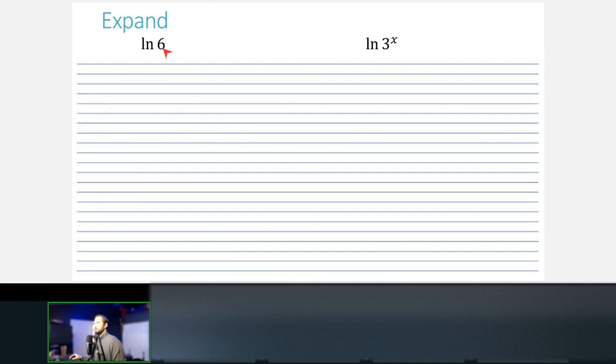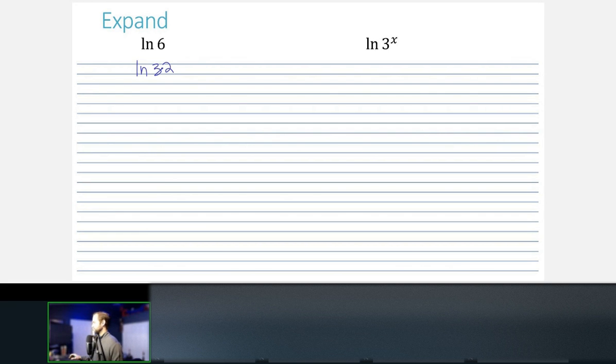All right, so how can I rewrite 6 with prime factors? Yep, 3 times 2 or 2 times 3, it doesn't matter. So 6 is just 3 times 2.